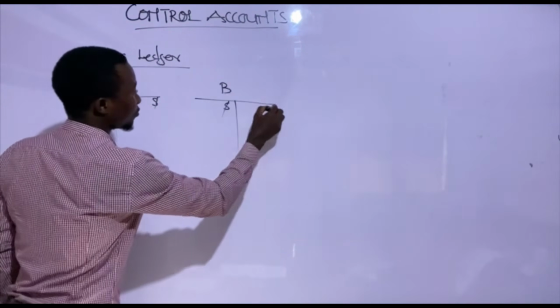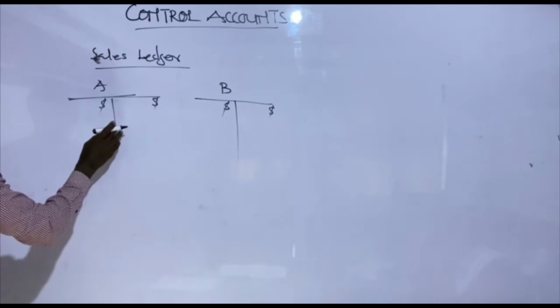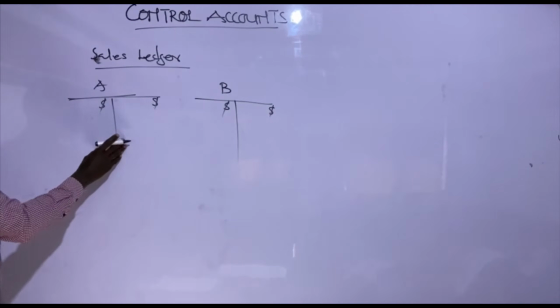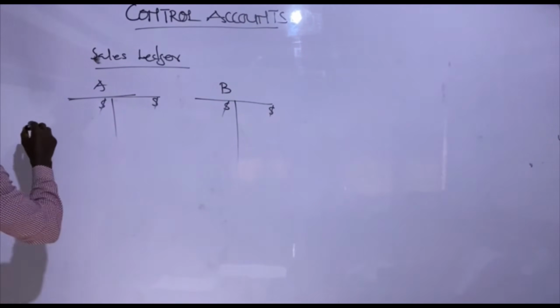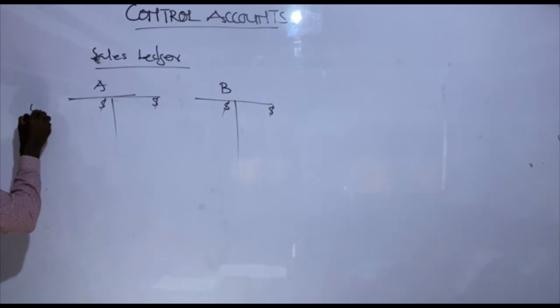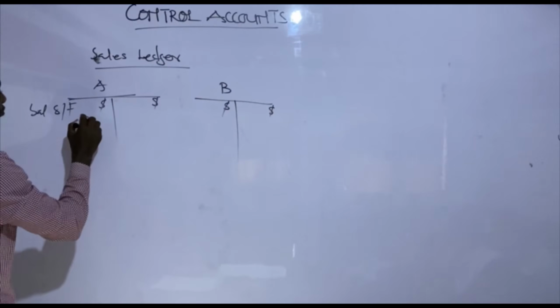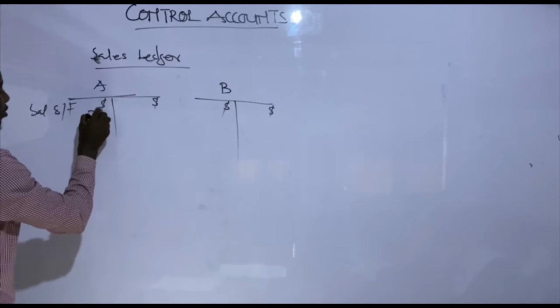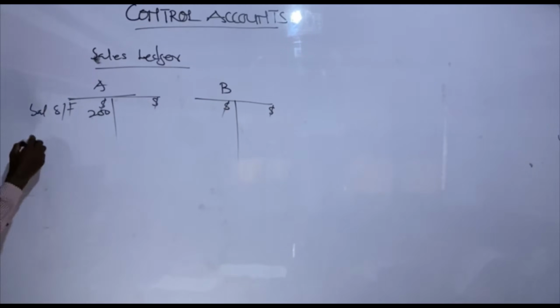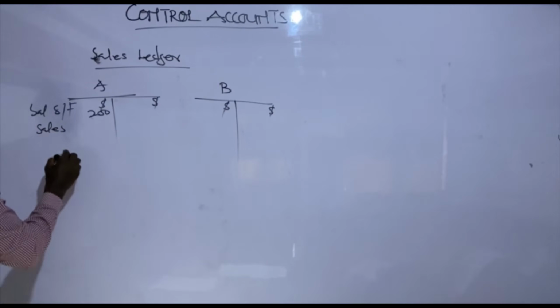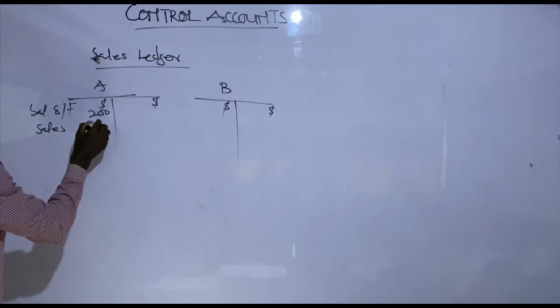Good. Debtors has a natural debit balance. So we can say that initially we may have a balance brought forward of, let's say, 200. We may have, let's say, a credit sales of, let's say, 800.